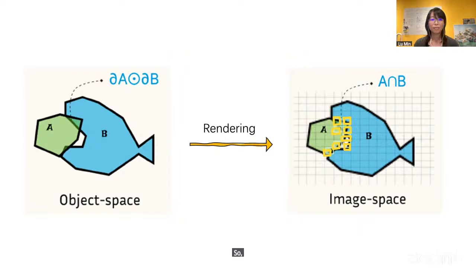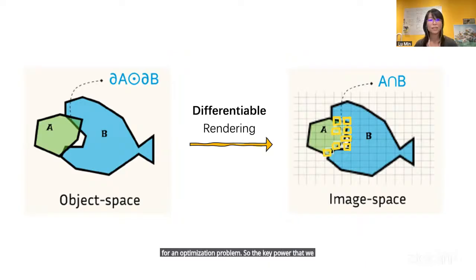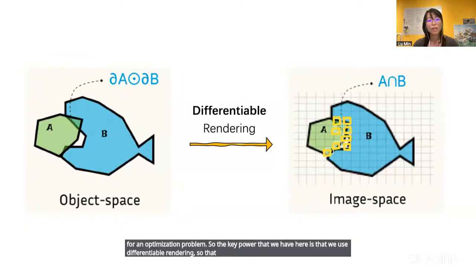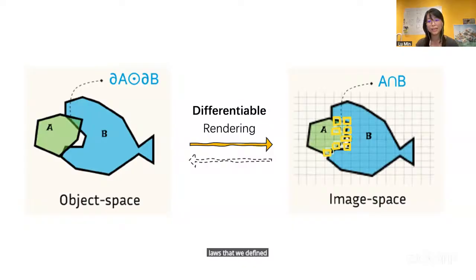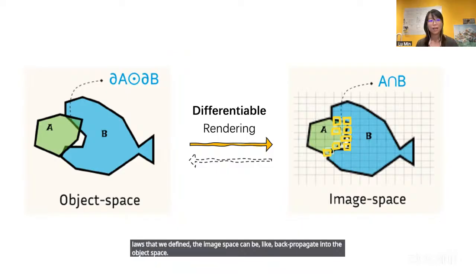But a general rendering won't work for an optimization problem. So the key power that we have here is that we use differentiable rendering, so that the loss that we defined in image space can be backpropagated into the object space.